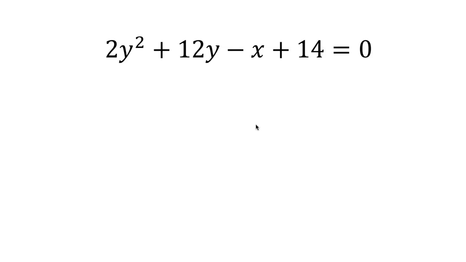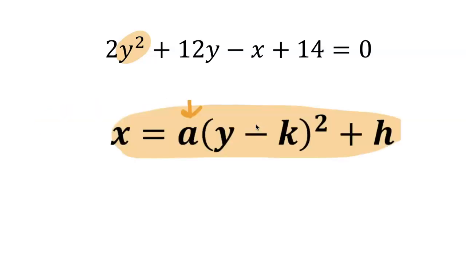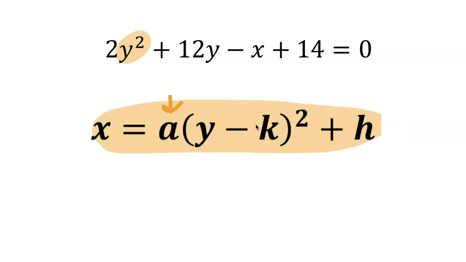But look, we notice that y is getting squared. So I want to rewrite that equation so that it becomes this form. We want to rewrite it so that we have x equals a times (y minus k) squared plus h.